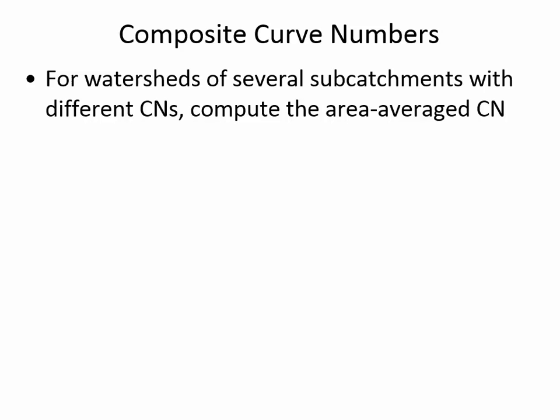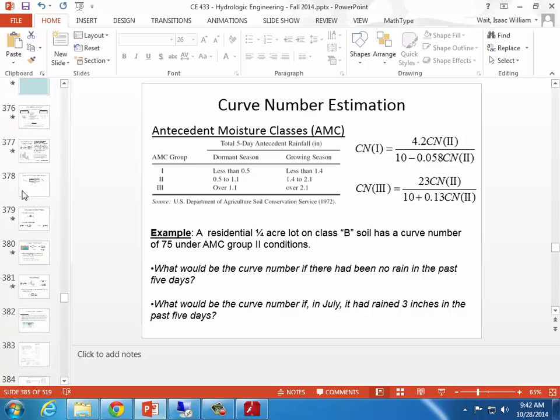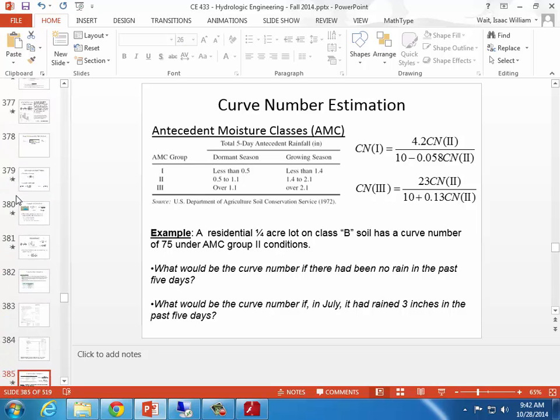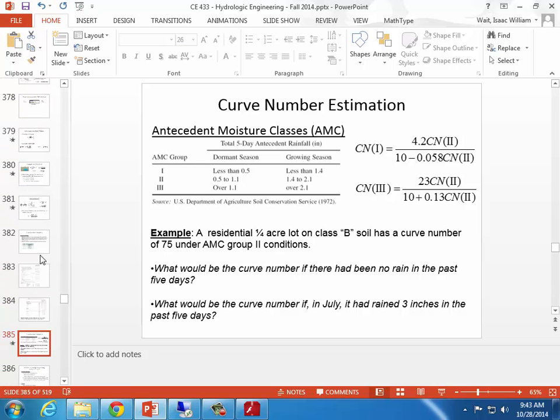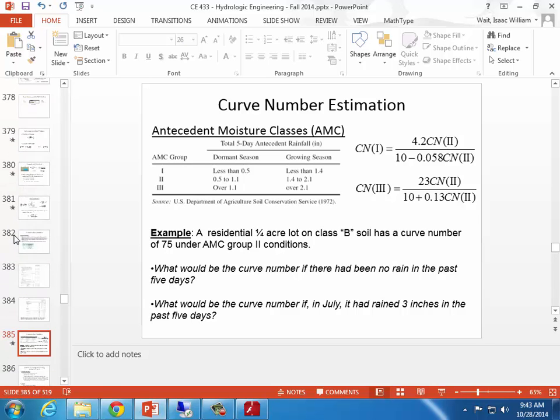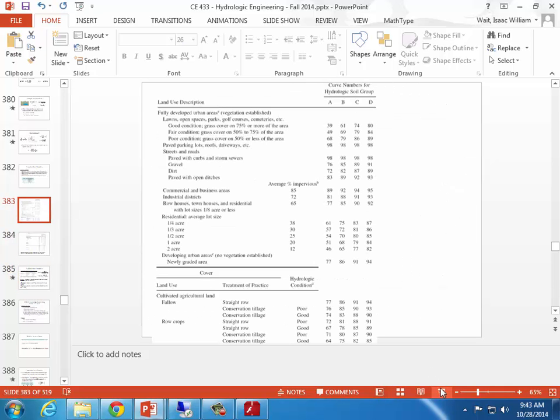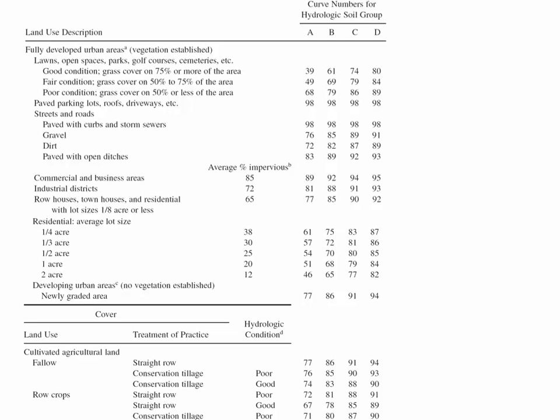Right. And what you'll recall is that there was a table of curve numbers we looked at that had different land uses and soil types. And that is what defined our curve numbers. Here we are. All right, so the columns A, B, C, D, those refer to soil types.